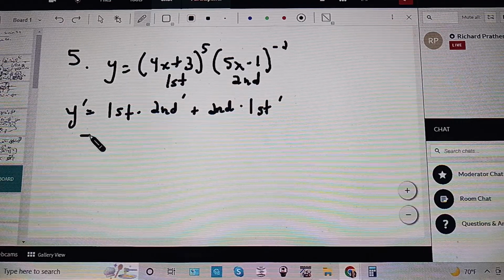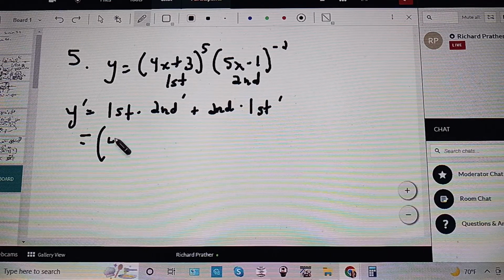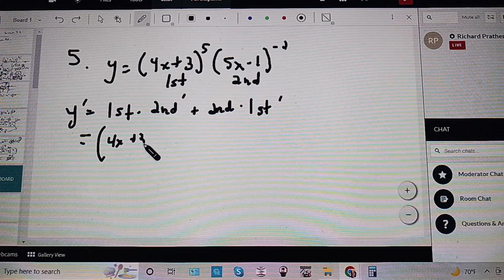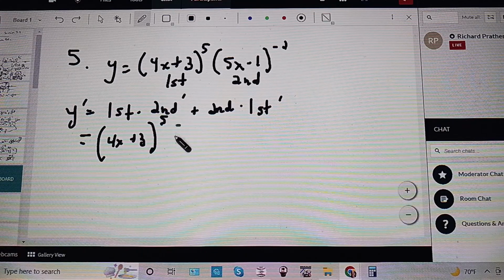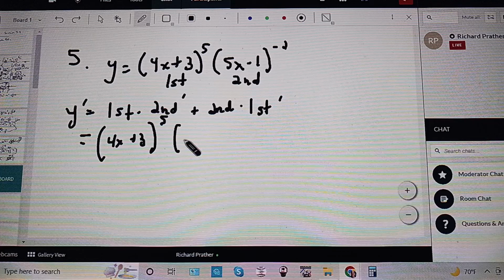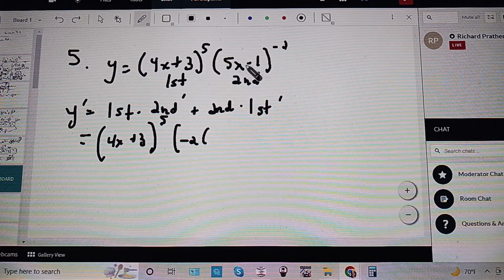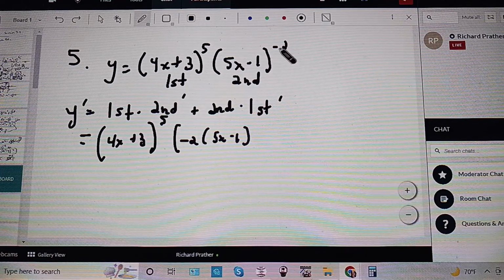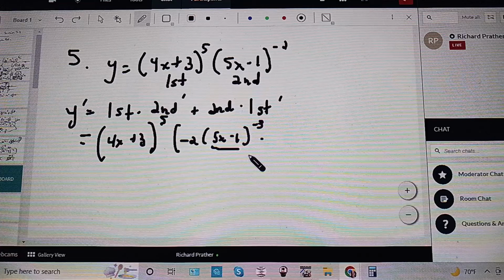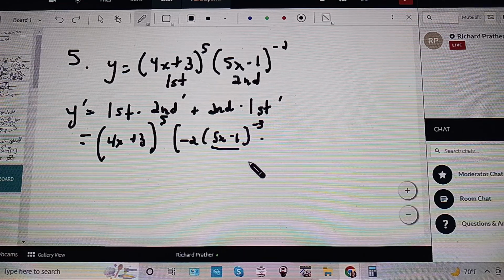So my first function, you just rewrite it exactly like it looks. Second function, I'm going to do the power rule and do negative 2 times 1, which is negative 2. Rewrite the base. Decrease the exponent by 1. Negative 2 minus 1 is negative 3, but then chain rule. The base, I rewrote it at first, but if the derivative of it is anything but 1, we need to chain it on.